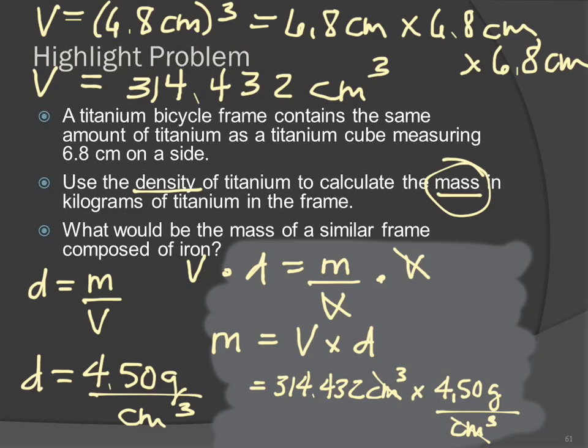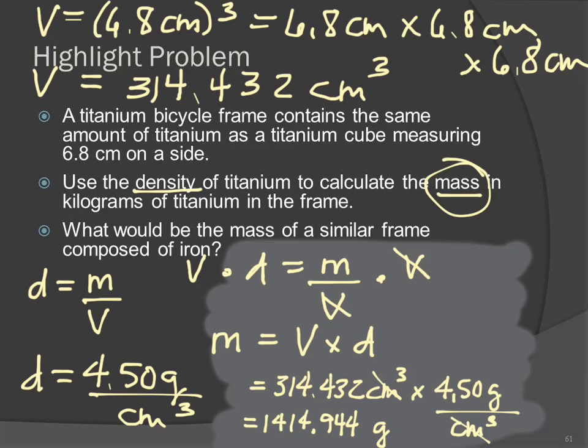We see that the cubic centimeters cancel out. 314.432 times 4.5 equals, come on calculator, you're brand new, you shouldn't have problems like this. And so this is 1414.944. What's the unit on that? Grams.